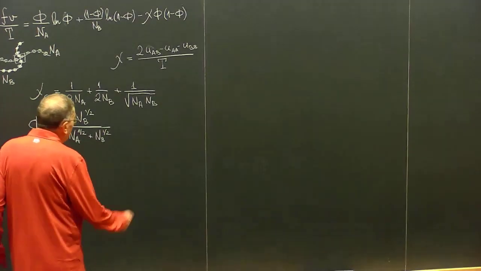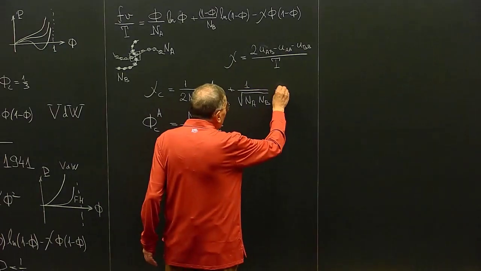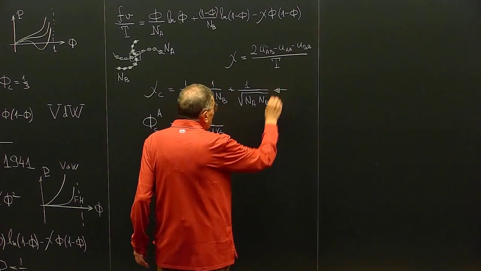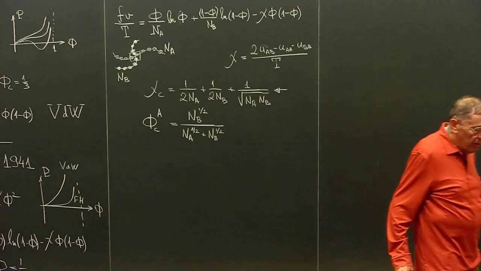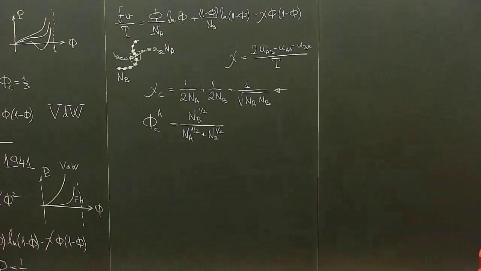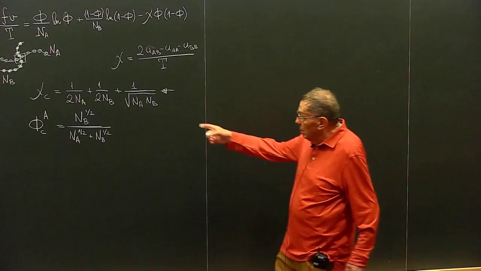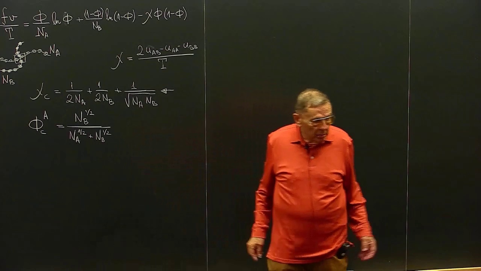More importantly, this one means that you need only very small amount of energy in order to condense your polymer molecule. You don't need much. It's only 1 over n, the amount of energy.